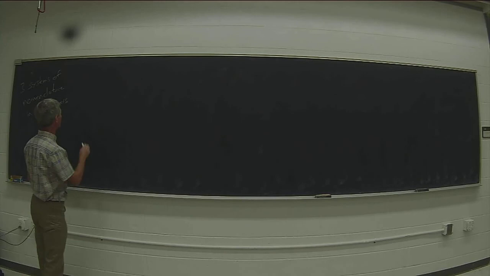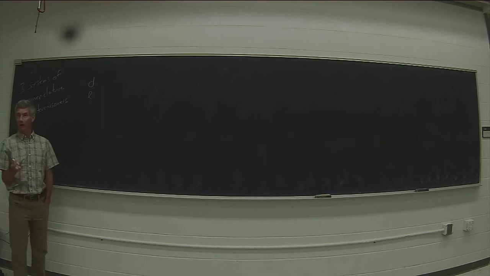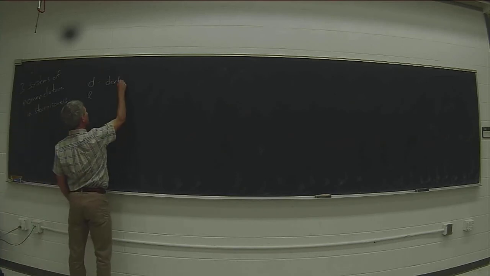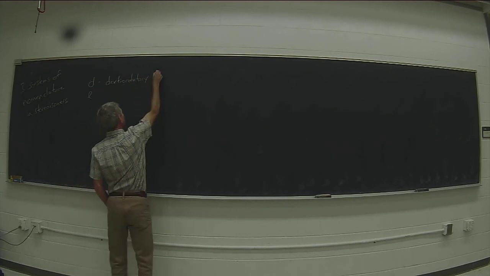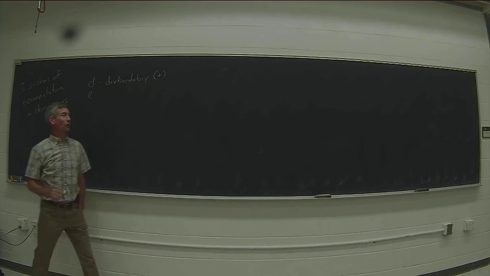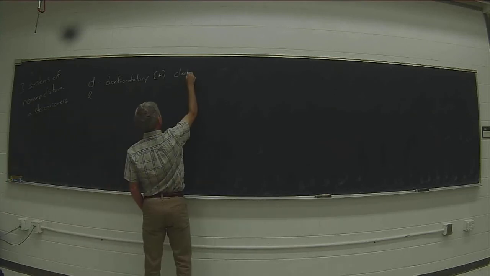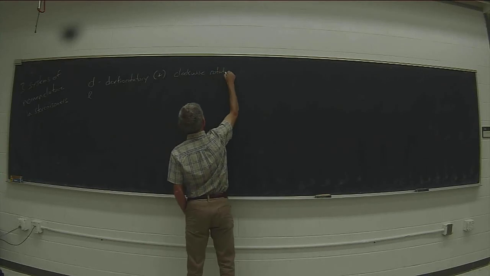There are 3 systems of nomenclature in stereoisomers that we need to familiarize ourselves with. The first is D and L, a small d and a small l, often italicized, where D stands for dextrorotatory. And it's also given the plus sign, which refers to a clockwise rotation of plane polarized light.